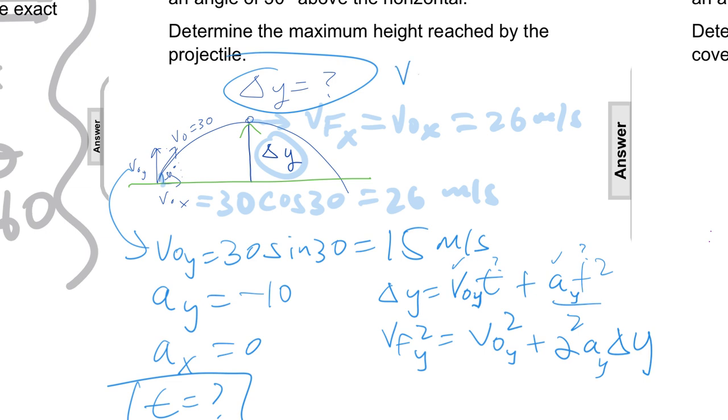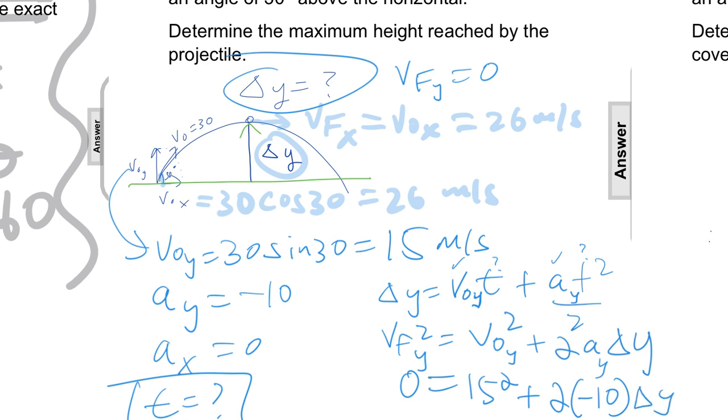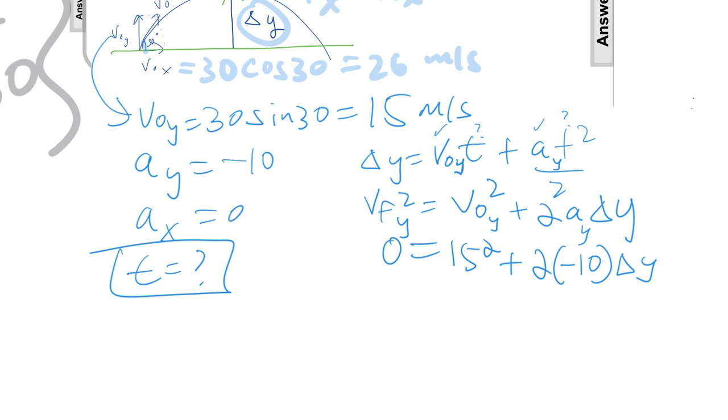At the top, VFY is 0, because the ball goes 0 in the y direction at the very top. So 0 equals VOY, which is 15 squared, plus 2 times negative 10 times change in y. Okay, I'm almost there, and I didn't have to find the time.